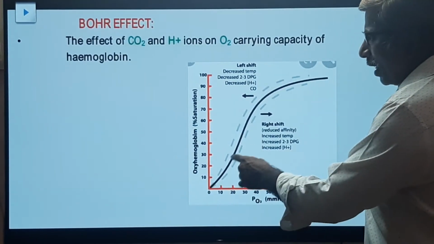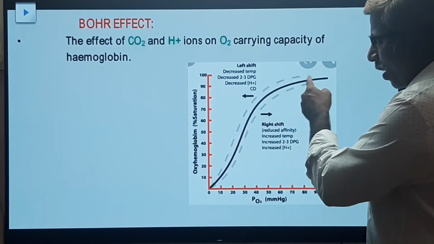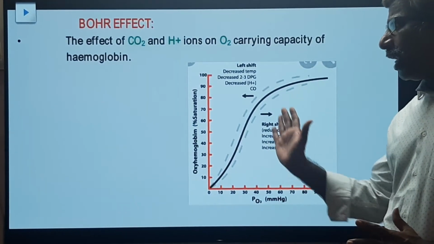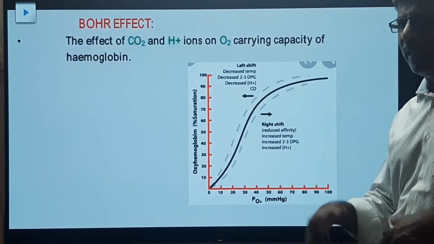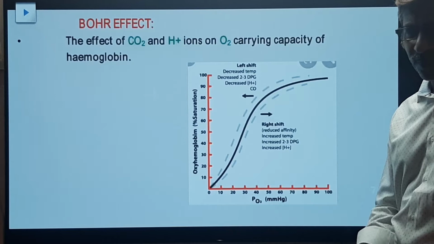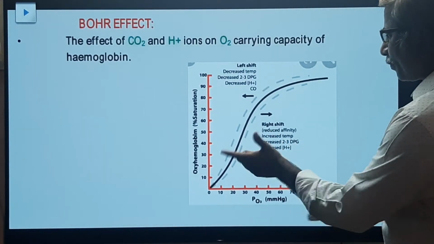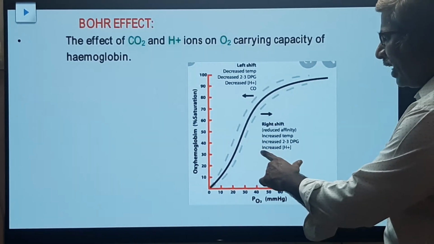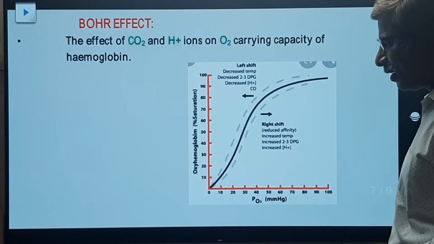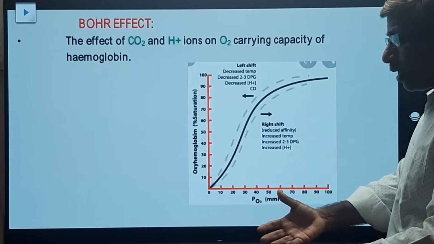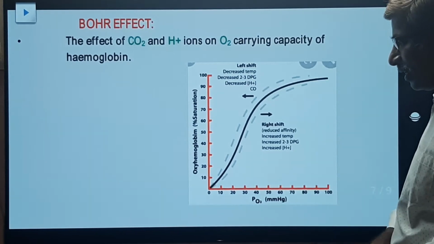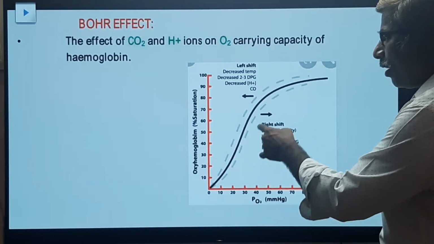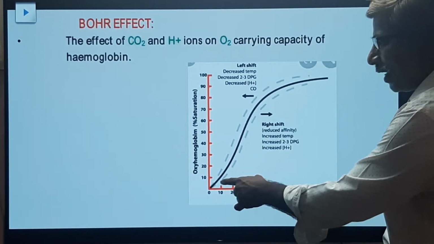This is a normal sigmoid curve. The sigmoid curve can move to the left as well as the right in certain different conditions. Suppose increased temperature, increased H plus ion concentration, increased partial pressure of carbon dioxide, increased 2,3 DPG: these make the curve shift towards the right side.